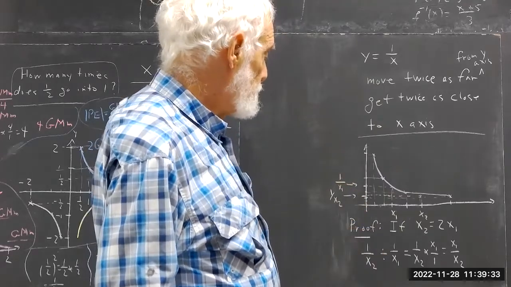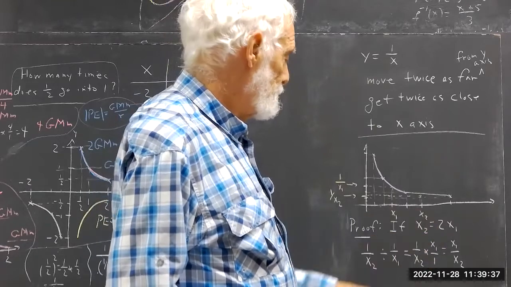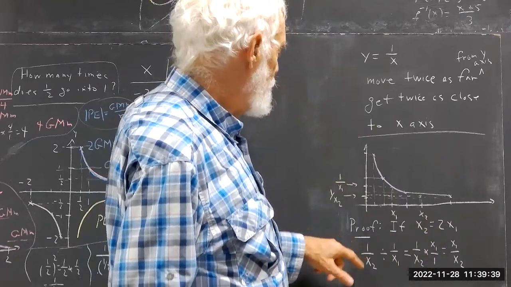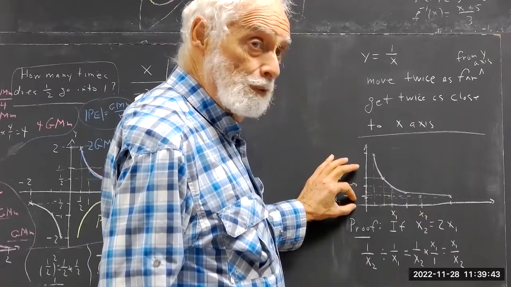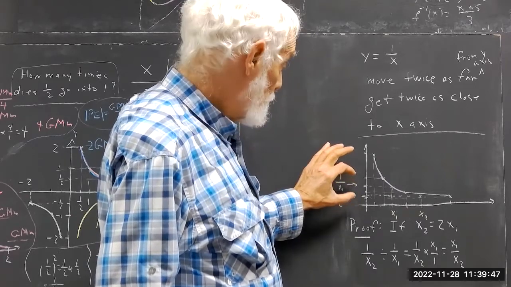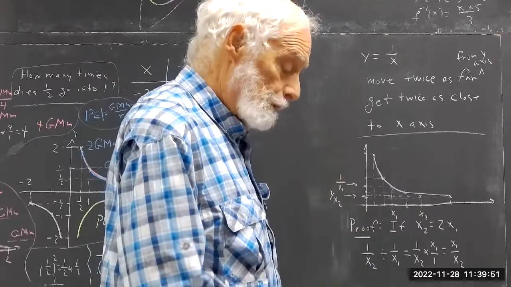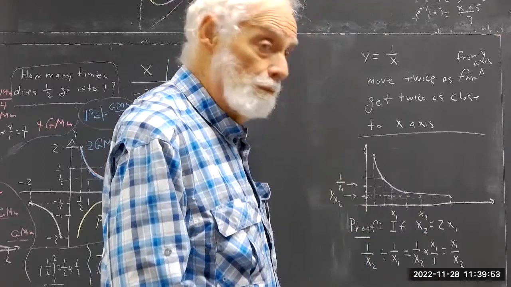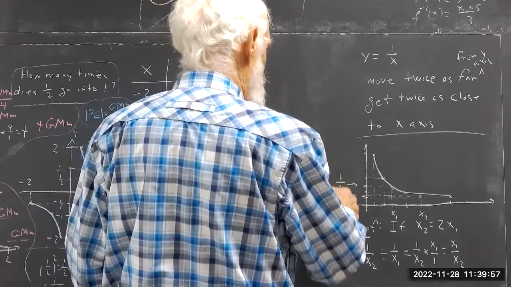The logic of the proof is if x2 is twice as big as x1, then if we divide 1 over x2 by 1 over x1, we're dividing a smaller number by a bigger number. And the bigger number is twice as big as the smaller number. So that ought to be 1/2.